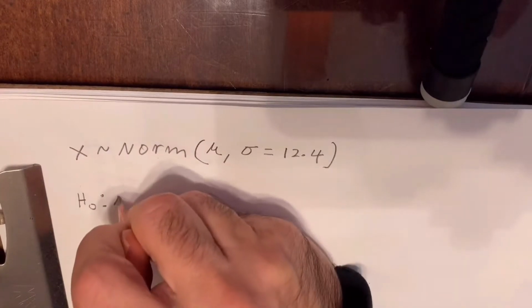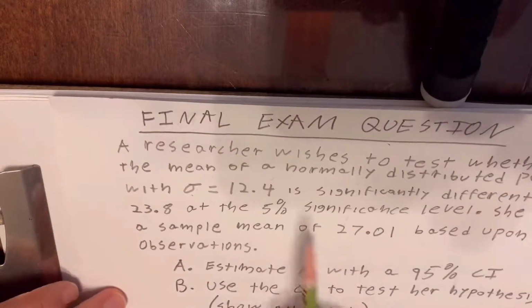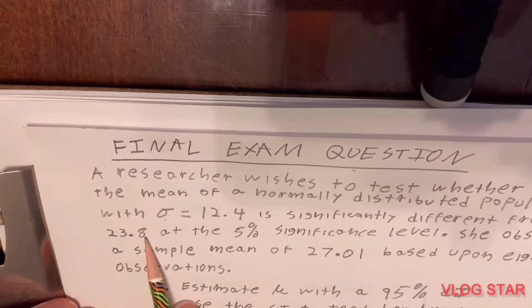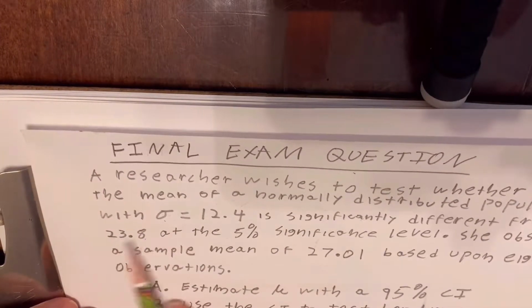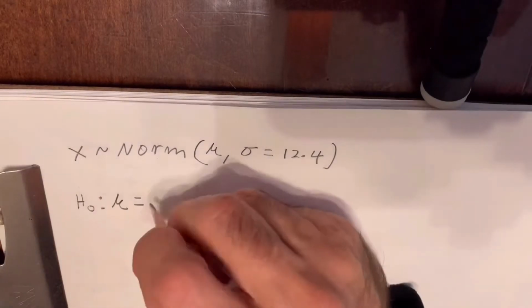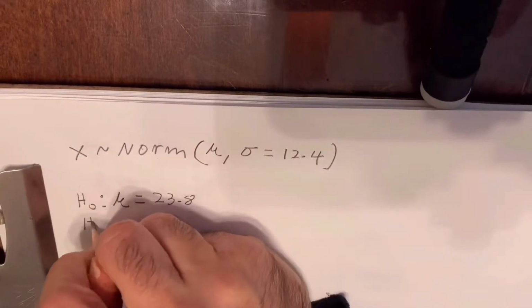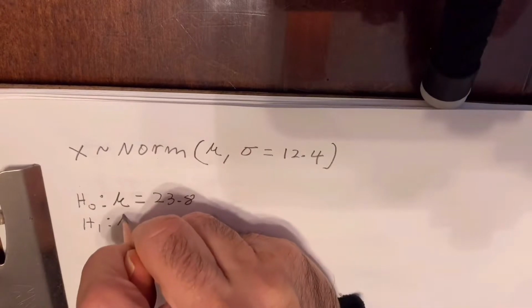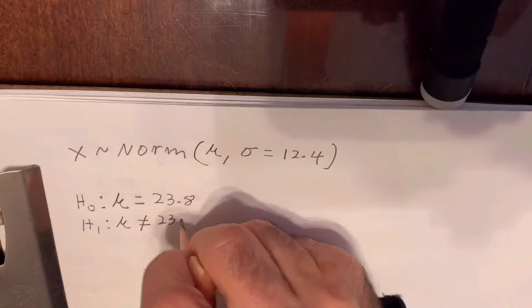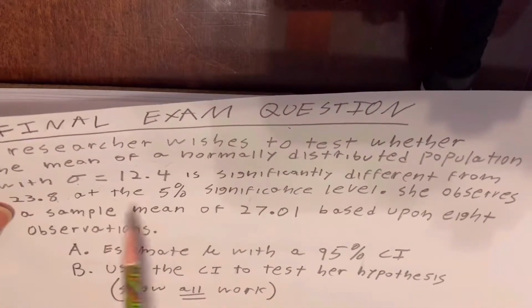If we want to test whether the population mean is significantly different from 23.8, that means the null hypothesis is that the population mean equals 23.8, against the alternative hypothesis that the population mean is different than 23.8. So we got all that from these words so far.